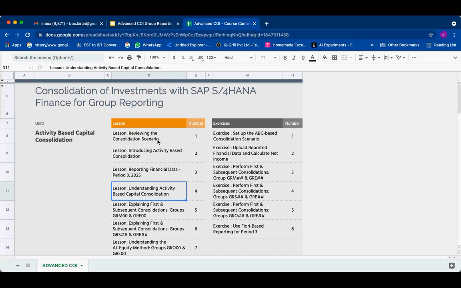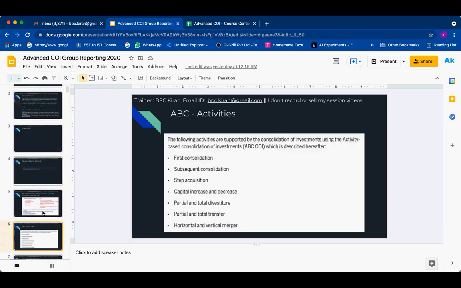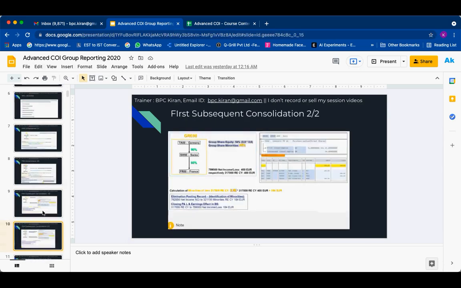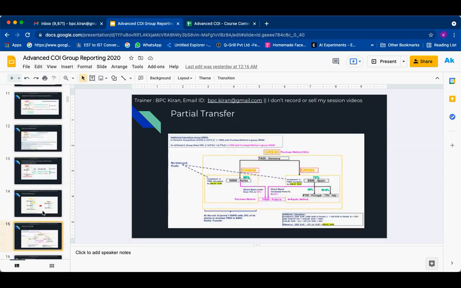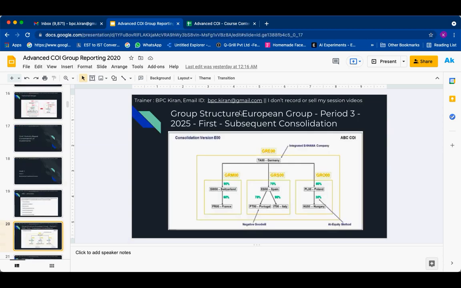So for the activity-based approach, what is the structure we are going to maintain? The consolidation structure we are going to maintain. Financial data required. Suppose I have a total of 10 entities. For those 10 consolidation units, we are going to prepare the data. When we are talking about this consolidation of investments, this is the structure.